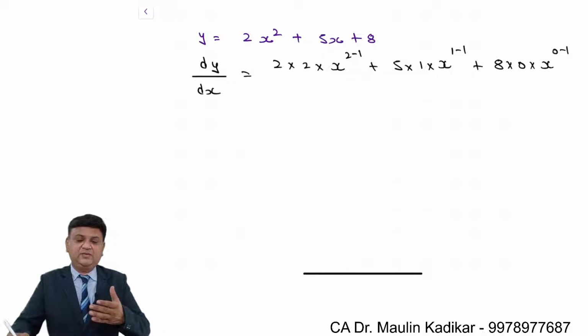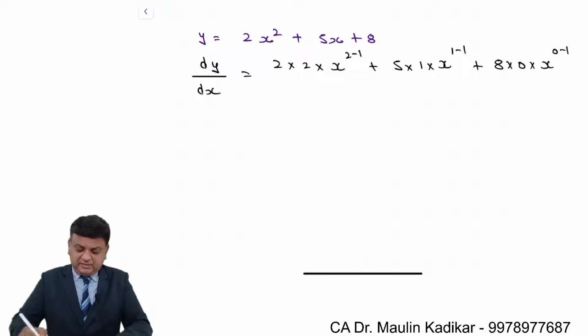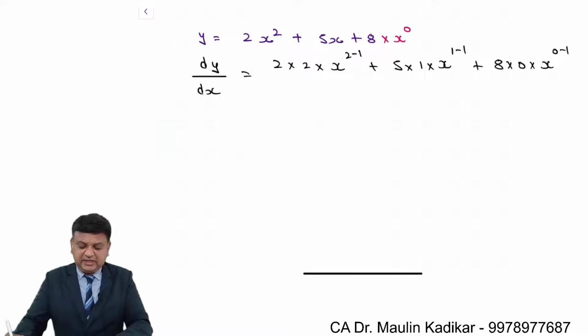We understand that with 8 there is nothing in multiplication, so it is deemed that it is x raised to 0, because anything raised to 0 will become 1. That is the reason. So this is the way we have the differentiation.